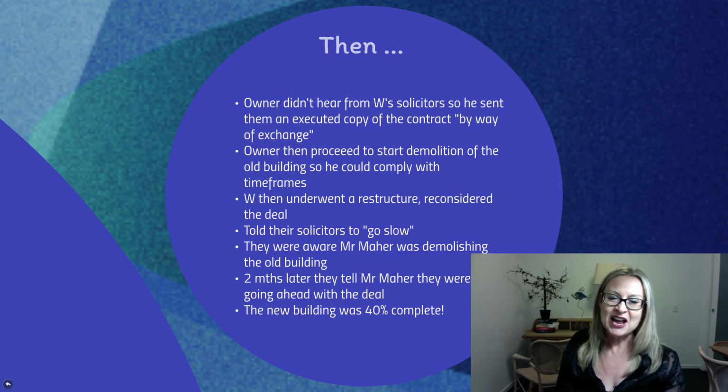Then they knew Mr. Maher was demolishing the old building, and then 2 months later, when the building was 40% complete, they eventually say, oh, actually, sorry, we're not going to go through with this deal. Now, poor old Mr. Maher was obviously left with his jaw dropping and wondering what he was going to do with this 40% complete building that had been all specced up for Walton's department store.